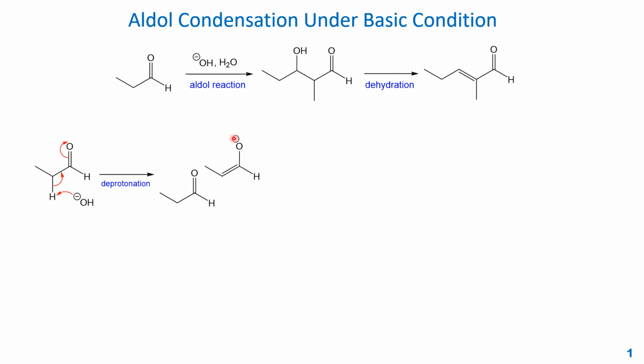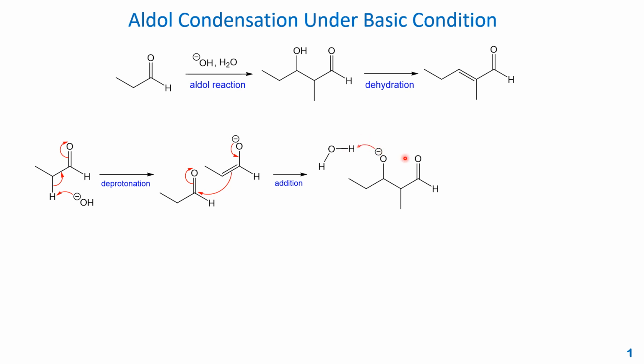And then the arrow pushing starts from this lone pair of the oxygen and pushes the pi electron to attack this carbon of the carbonyl, and pushes the pi electron to the oxygen. That's nucleophilic addition to form this intermediate, which is negatively charged on this oxygen. The oxide will be protonated by the water.